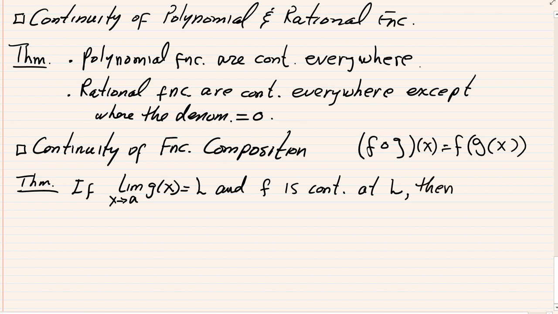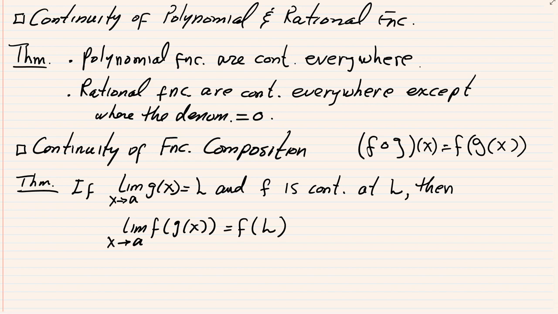So if that is the case, then we can write the limit of the composition f of g of x as x approaches a is equal to f at L. So we just have to evaluate the function at a single point.